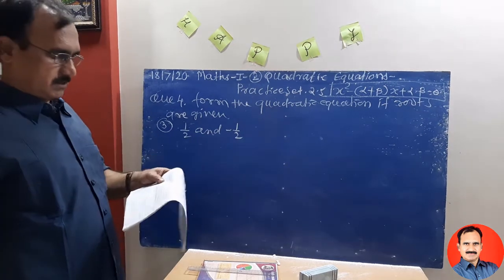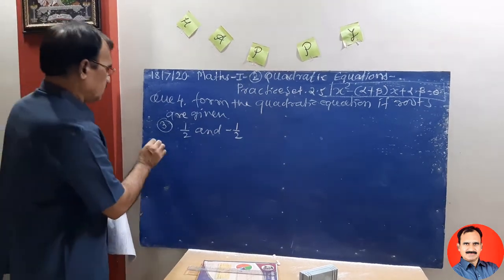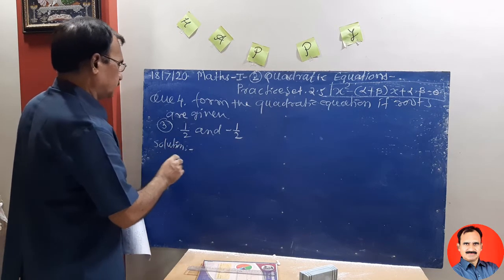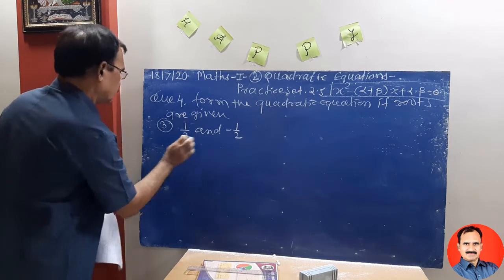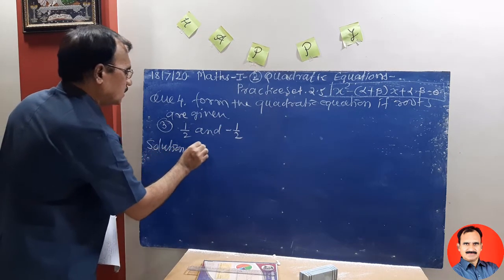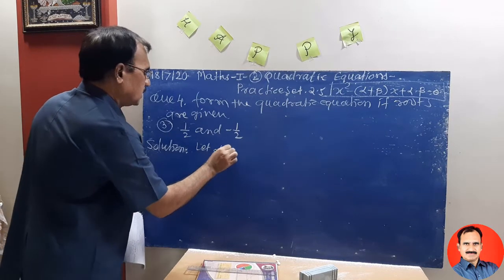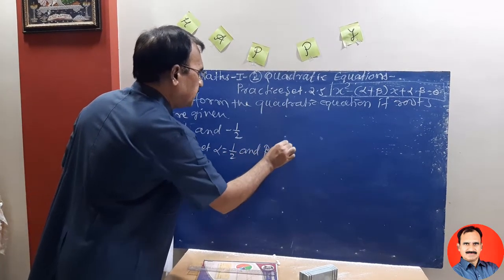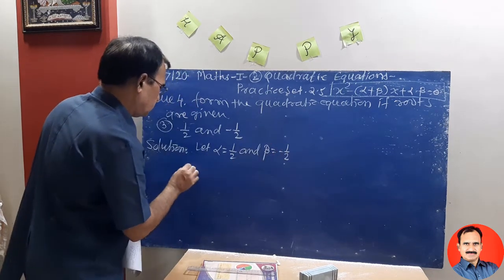Half and minus half. Solution. Let alpha is equal to half and beta is equal to minus half. Therefore, alpha plus beta is equal to half minus half is equal to 0.